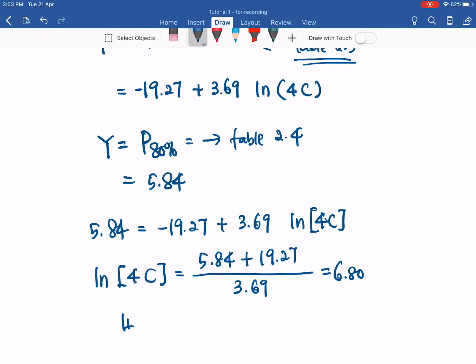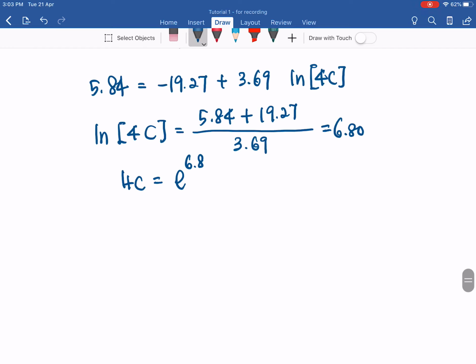So 4C equals e to the power of 6.8, and we get something like 897.85. Therefore our concentration here is 224.5 ppm.